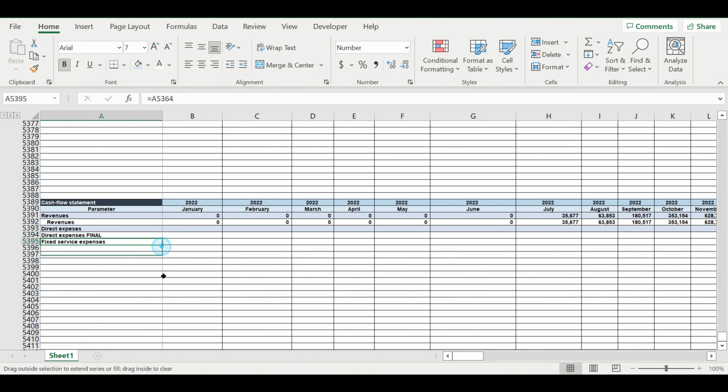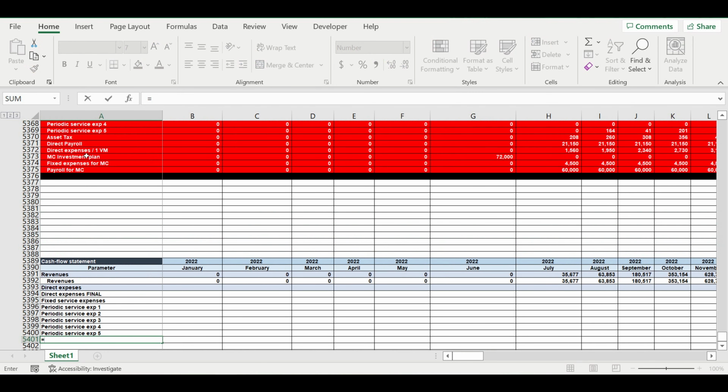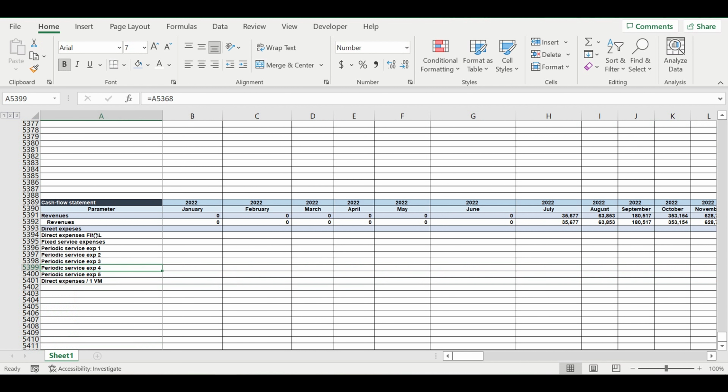Periodic expenses, depending on the amount of vending machines, are also direct expenses. Periodic asset, direct payroll will go to payroll. Direct expenses by vending machines, we are taking it. Investment plan, fixed expenses. Okay, so this block will be for direct expenses.